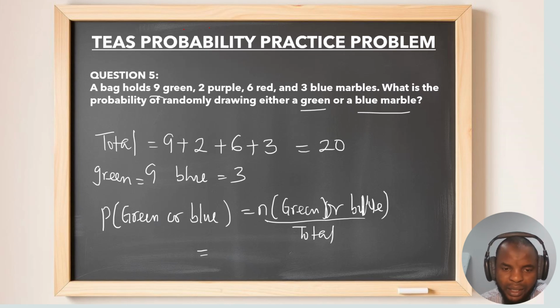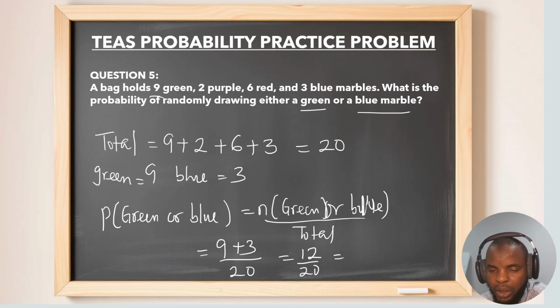So green is 9. I told you or means addition, plus 3 over 20. And this is going to be 12 over 20. You can divide this further if you want. 4 in 12 is going to be 3. 4 in 20 is going to be 5. So your answer is going to be 3 over 5.